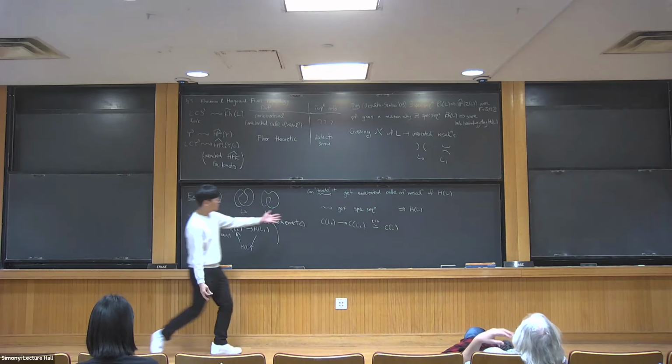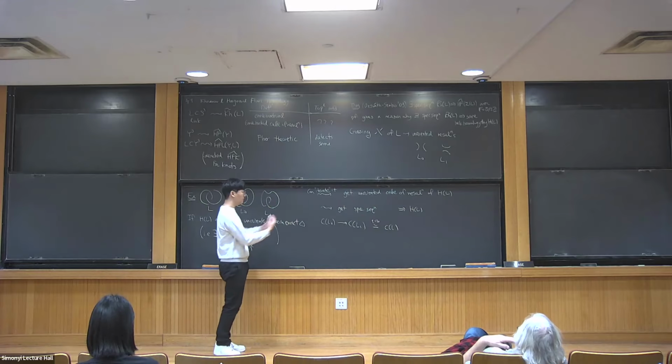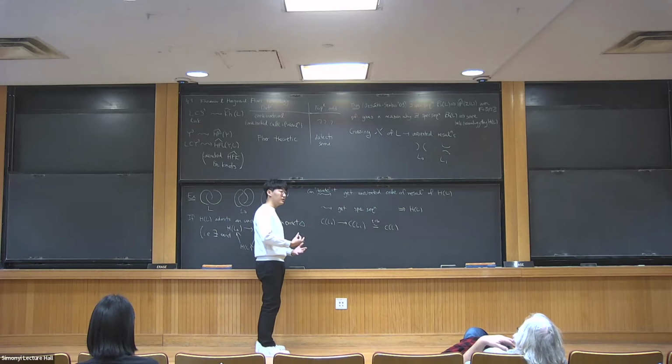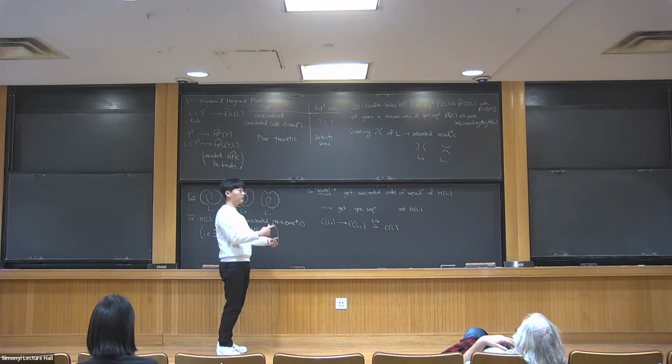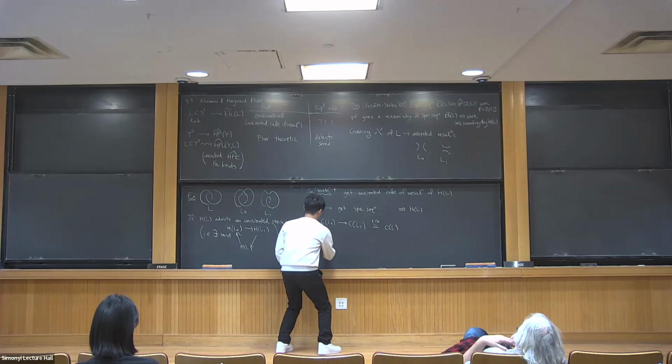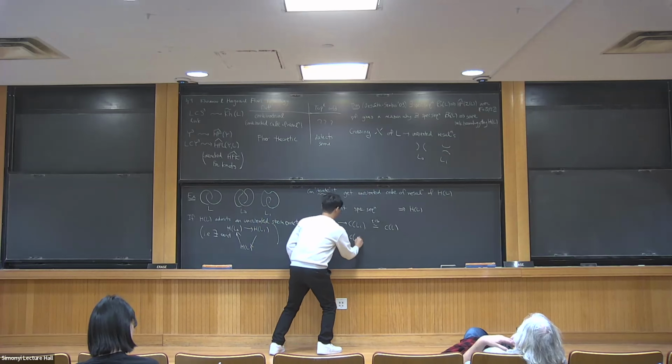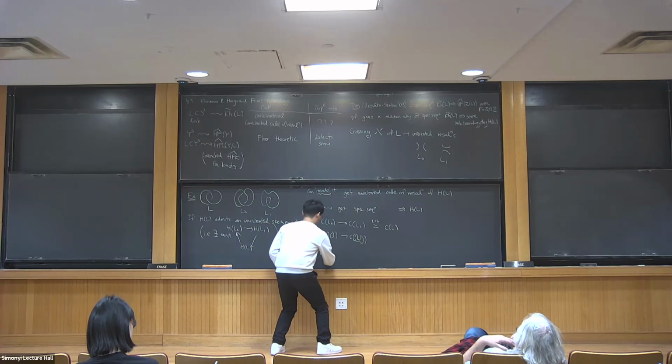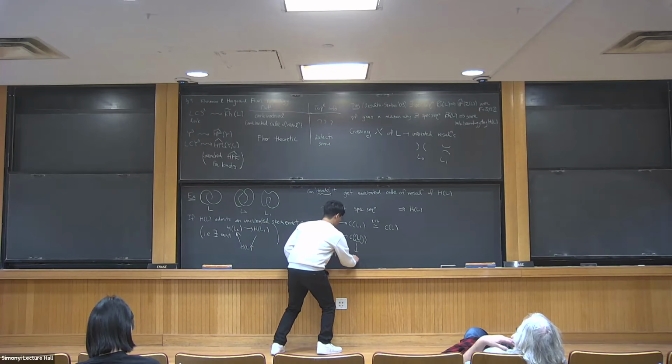From this perspective, what you do in the next step is, if you have two crossings, you can resolve the two crossings using these two possibilities. Maybe I'll call, for the half link, it'll be something like this.